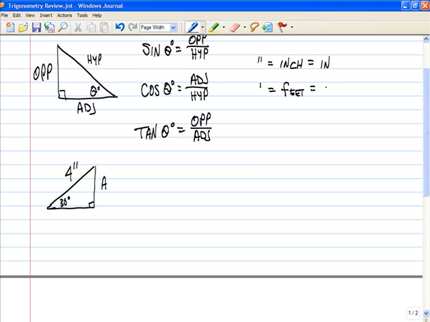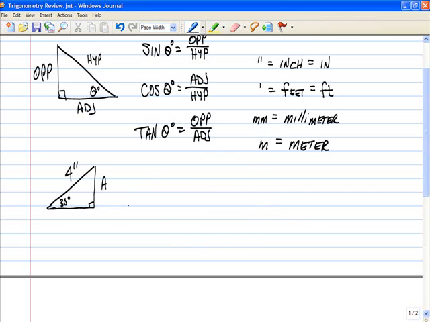Millimeters. And meter. So keep that in mind.